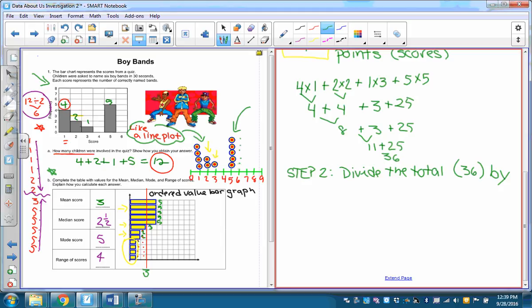Okay? So you divide by the number of scores. So we added up all the scores, and then we divided by the number of scores. And in this case, it was 12. So 36 divided by 12 gives us 3. So 3 is the mean.